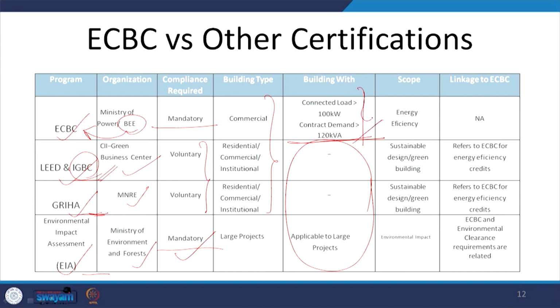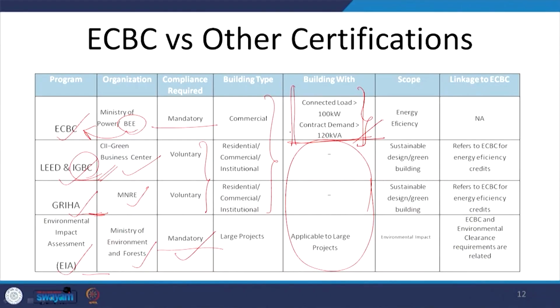However, this condition changes from state to state. Depending upon the size of the buildings which are commonly present in the states, this range has been varied. Hill states, for example, Uttarakhand, have a very small requirement of this connected load, while states, for example, Rajasthan, have a higher connected load requirement.